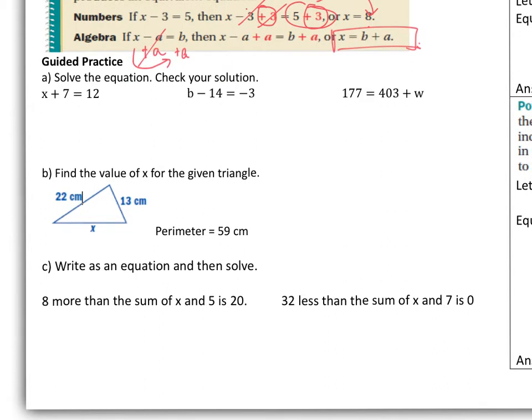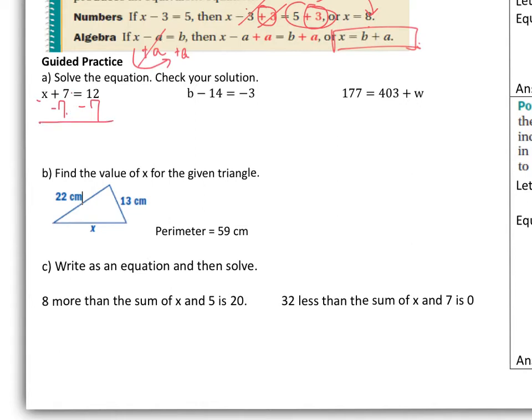Let's apply these properties. Part A. Solve the equation and then check your solution. So to solve for x, I need to take positive 7 and subtract 7 from both sides. So basically, negative 7 is the opposite of positive 7.